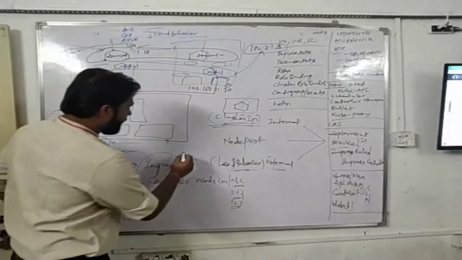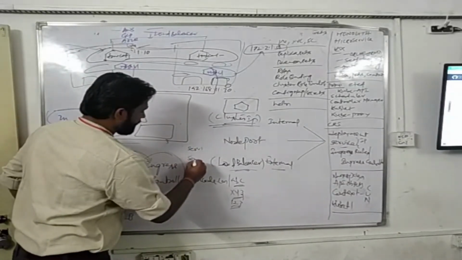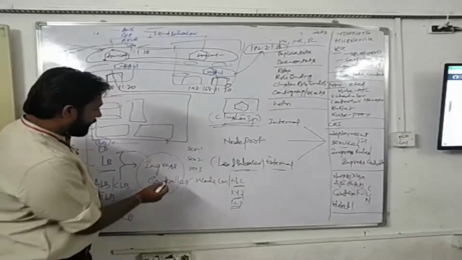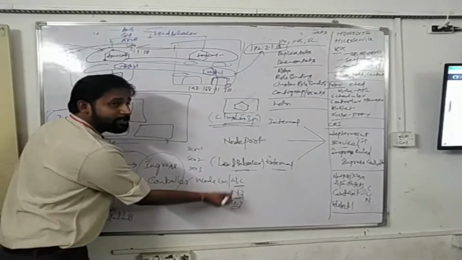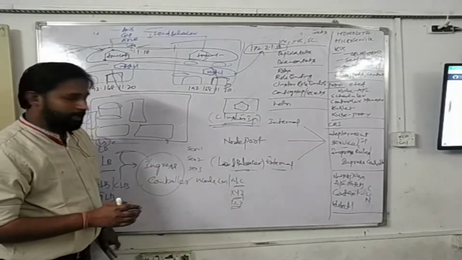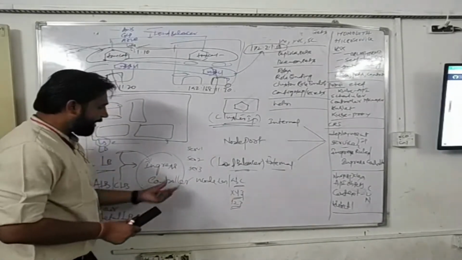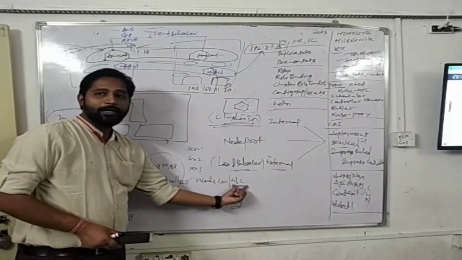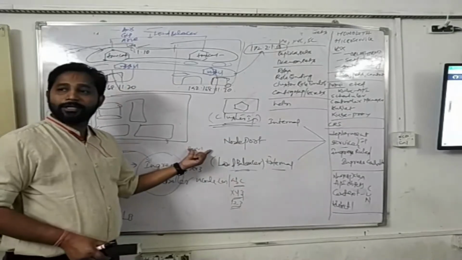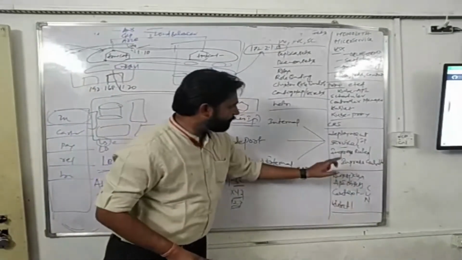So behind the Ingress controller, you have service 1, service 2, service 3 like this. And the controller, based on the URL, can redirect it to any service you want. What we are saying is, if the URL is ending with ABC, send it to service 1. Now, that sentence is your ingress rule.